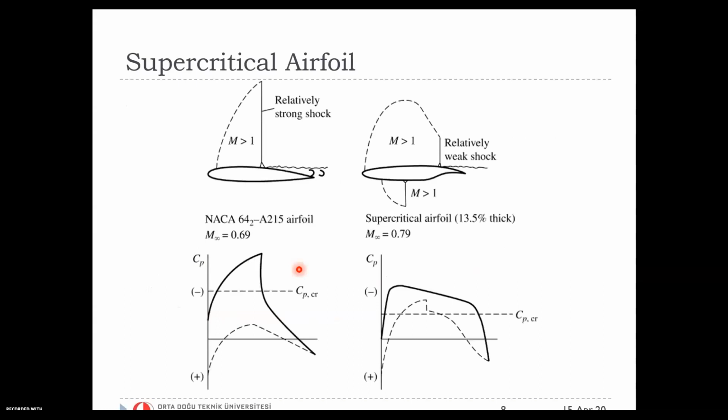Let's have a look at two different airfoils shown on this slide. One of them is a NACA 64 series airfoil, and these are kind of laminar airfoils, designed for low-speed flights. But in the past, it was recognized that these airfoils have relatively high critical Mach numbers, therefore they would also have relatively high drag divergence Mach numbers.